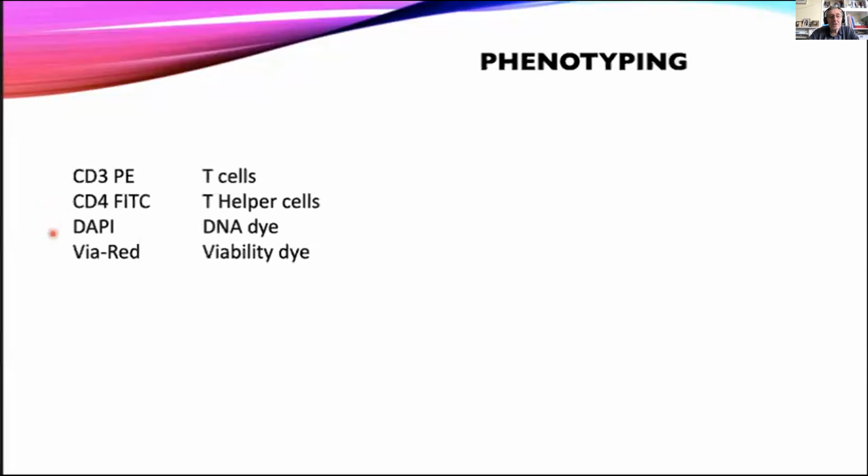We also want to look at the DNA content of these cells. So we're going to use a DNA binding dye, in this case a dye called DAPI, which is going to quantitate the DNA that's in our cells. We know that in mammalian cells, we have to double our genome in order to divide. We can detect that doubling, or that synthesizing of DNA, with a DNA dye that binds in proportion to the amount of DNA that's in the cell.